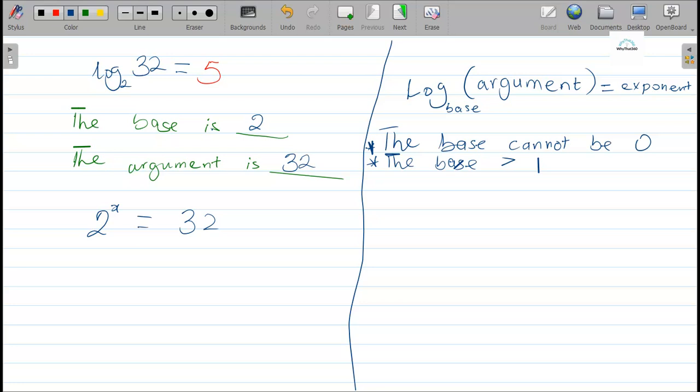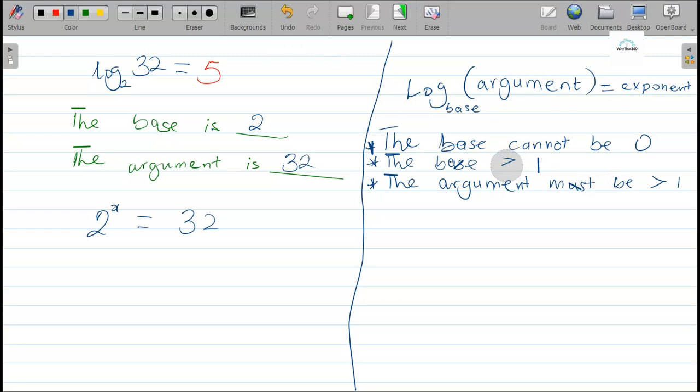The argument also needs to be greater than 1.